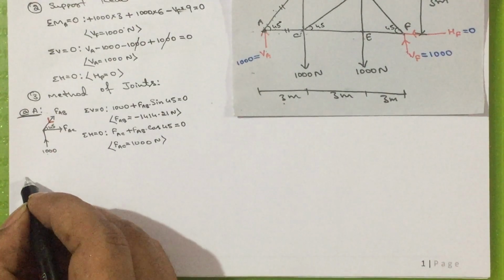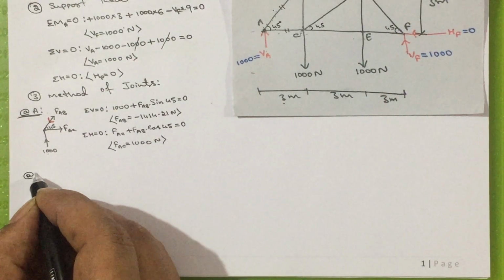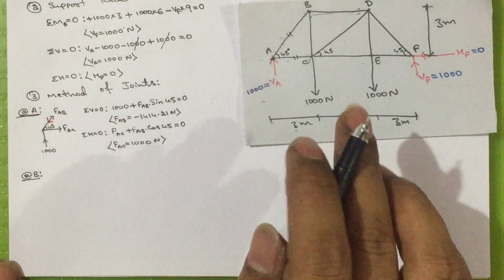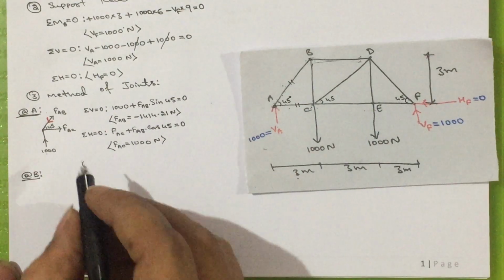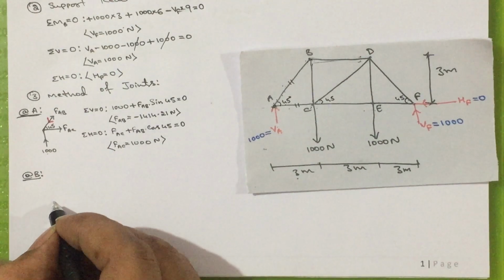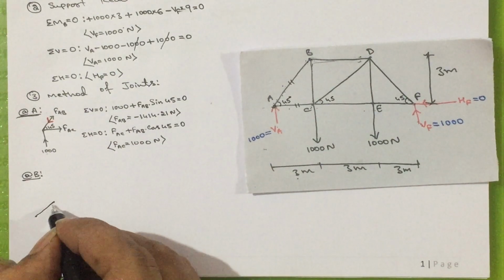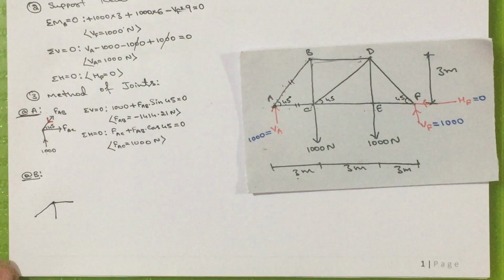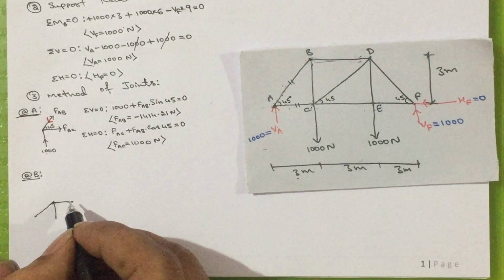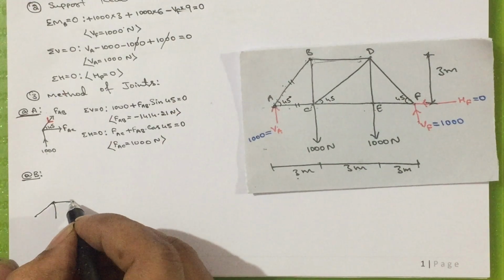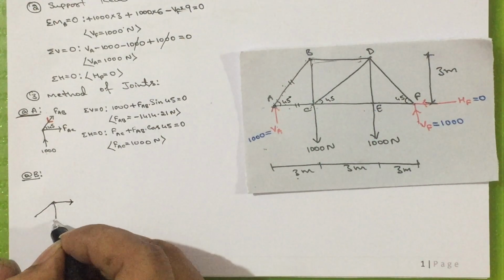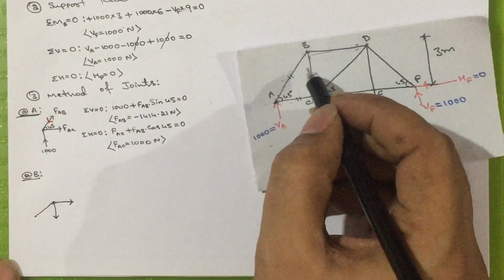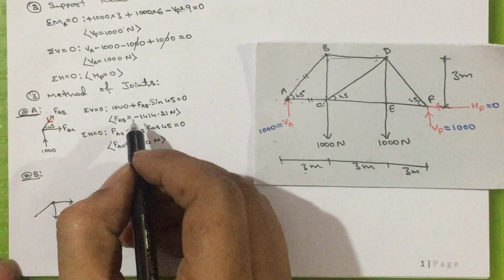So, go to the B joint. Write it as at B, then draw the free-body diagram at B point as it is, like a point, then the connected lines, then the direction. BD we assume tension, BC we assume tension, and AB or BA we already calculated.